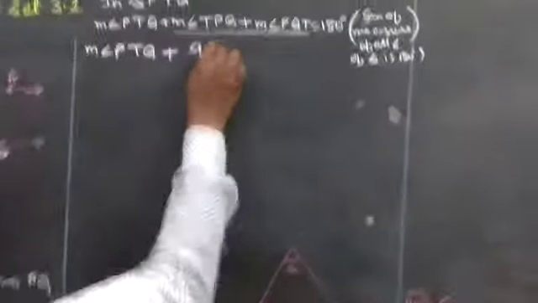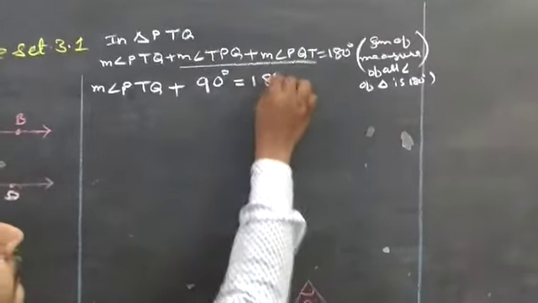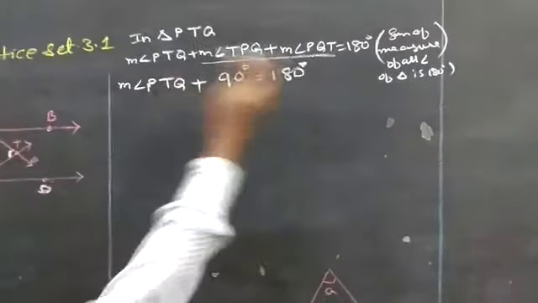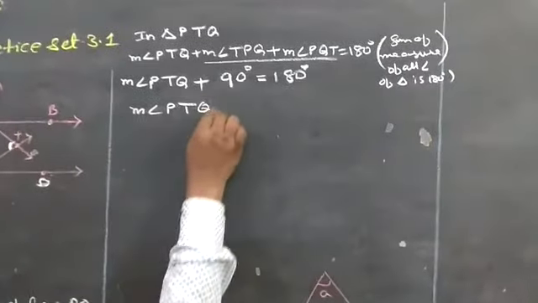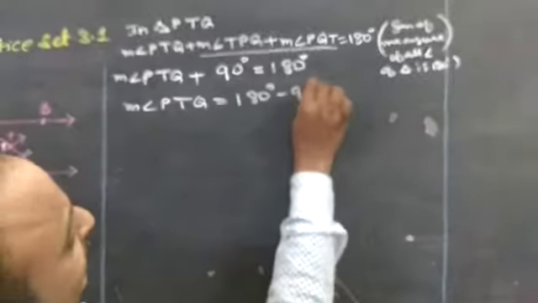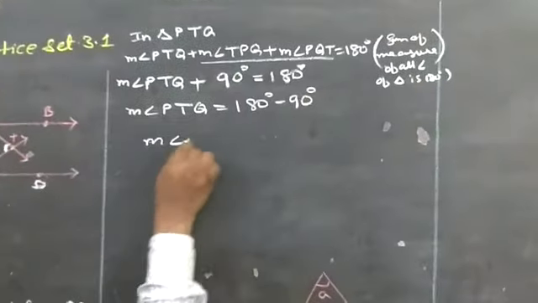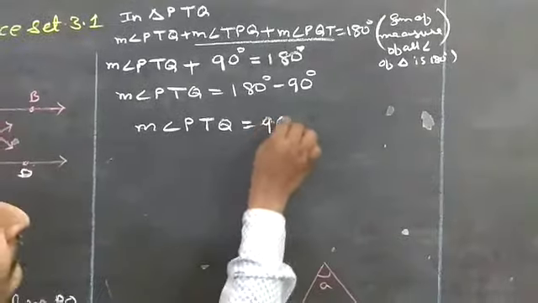So you can put the value of both angles here: this is 90, plus it is equal to 180. Now this is plus, on the other side it will get subtracted. So measure angle PTQ is equal to 180 minus 90. So the value of measure angle PTQ we will get here is 90.